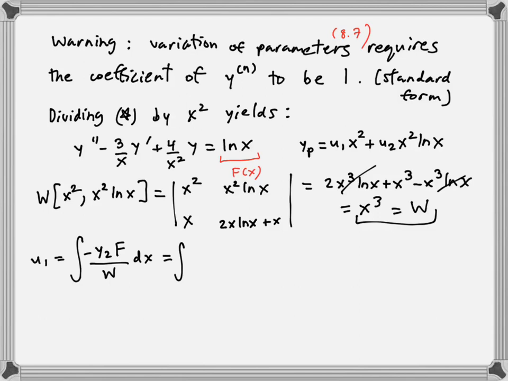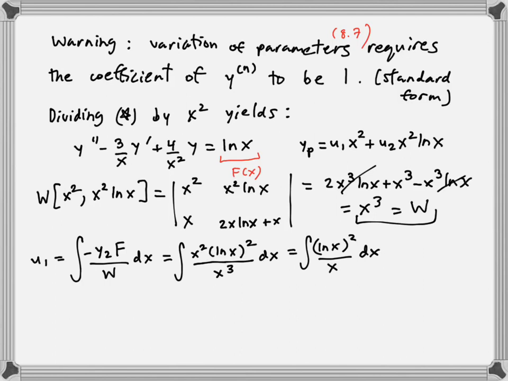It was x squared ln x, and then we have the f, which is another ln x. So we have x squared and then ln x squared, divided by x cubed, because that was our Wronskian. But this is just (ln x)² divided by x, and this is an easy integral to do. We could just let u equal the natural log of x.